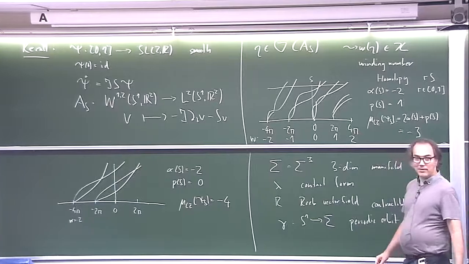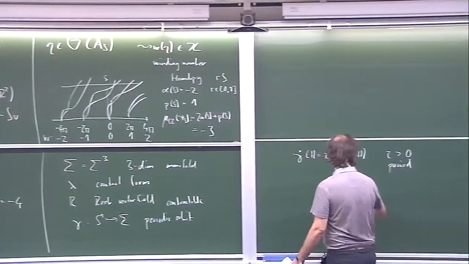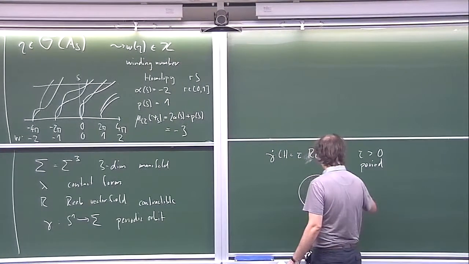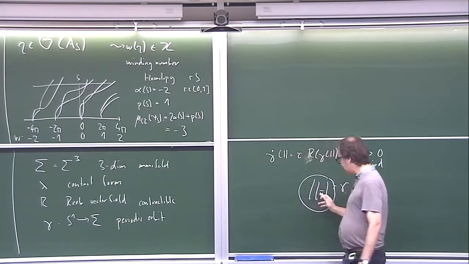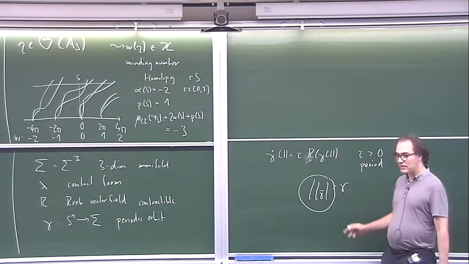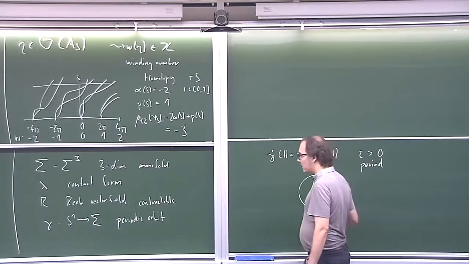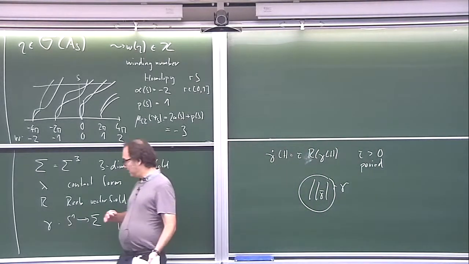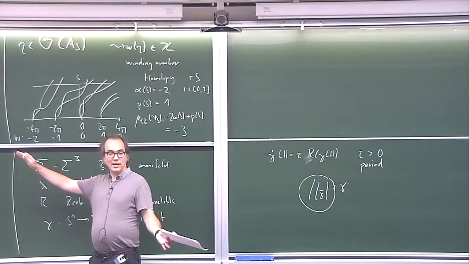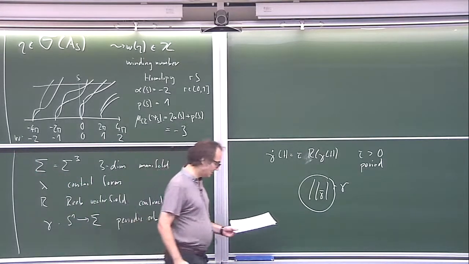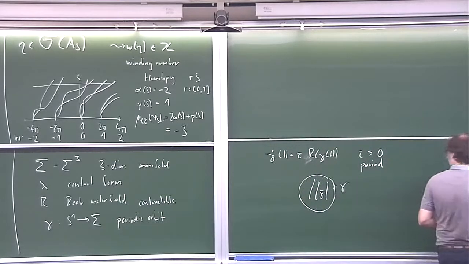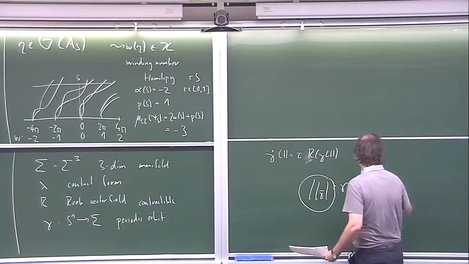Periodic orbit. So if it's contractible, we have here gamma, and then we can fill in a filling disk. So for example, if this periodic orbit is the asymptotic orbit of a finite energy plane, we can just use the finite energy plane as filling disk. And so we have gamma bar, the filling disk.